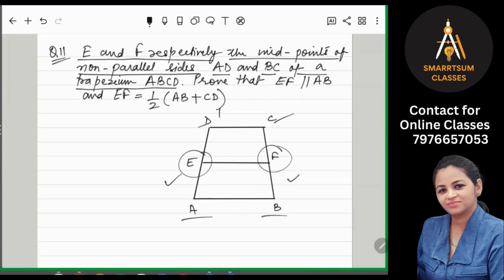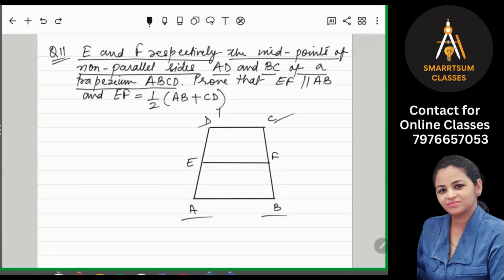Here the parallel sides are AB and DC, and the non-parallel sides are AD and BC. The midpoints of these two non-parallel sides are given here, that is E and F.